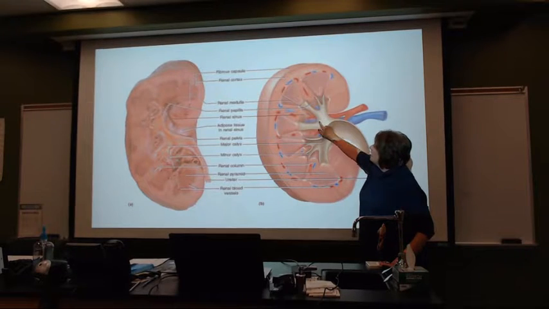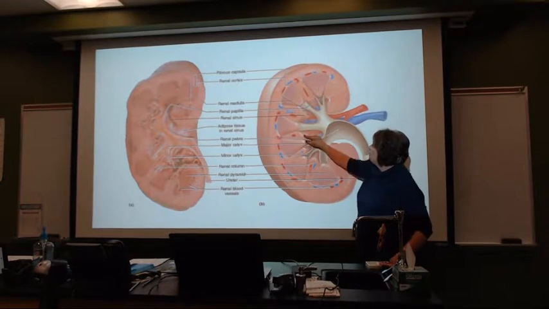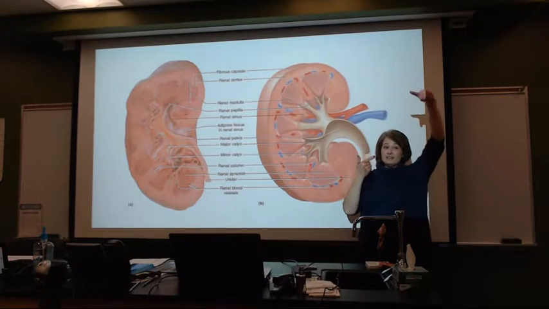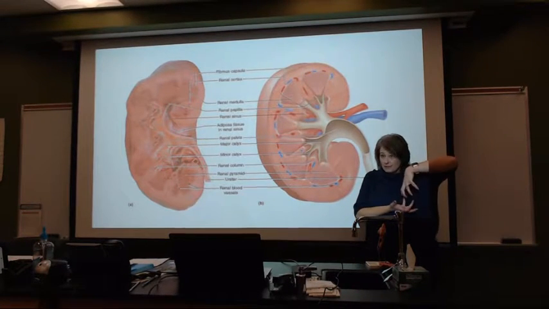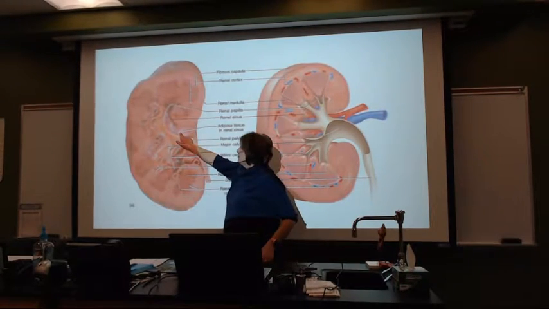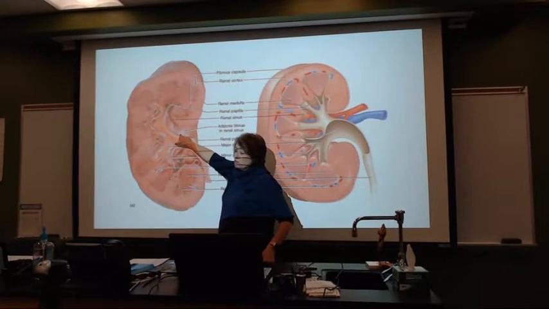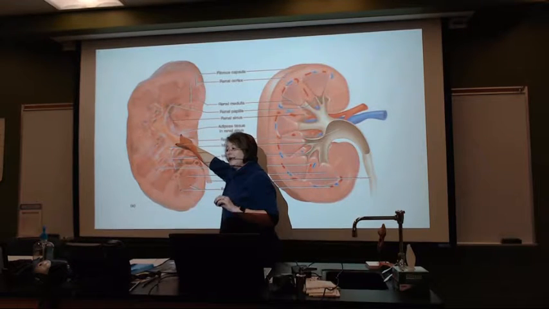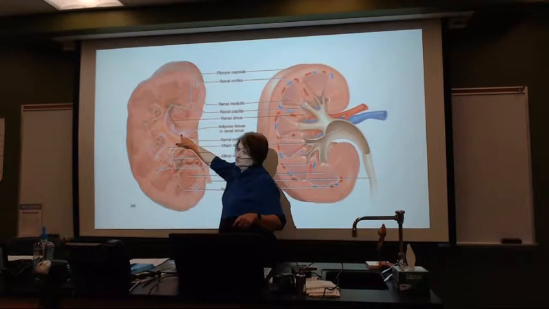Now, this area, getting up underneath all this stuff right here, is the renal sinus, because sinus means a space. This is kind of giving you an idea of some of the adipose tissue. Once again, it's an organ that can build up fatty tissue.